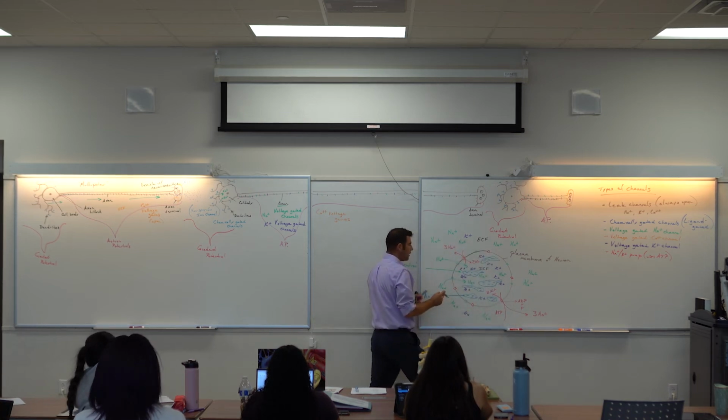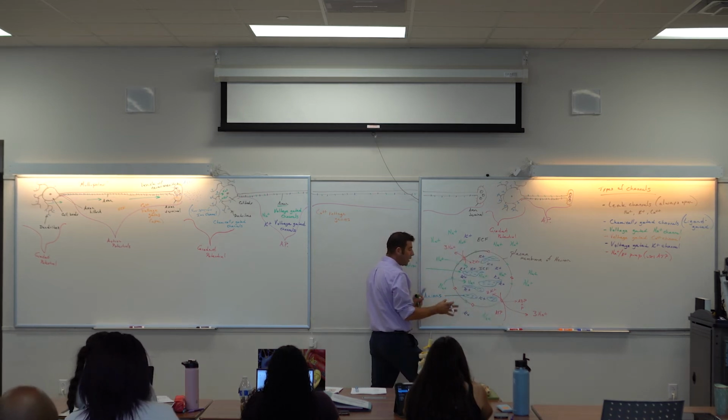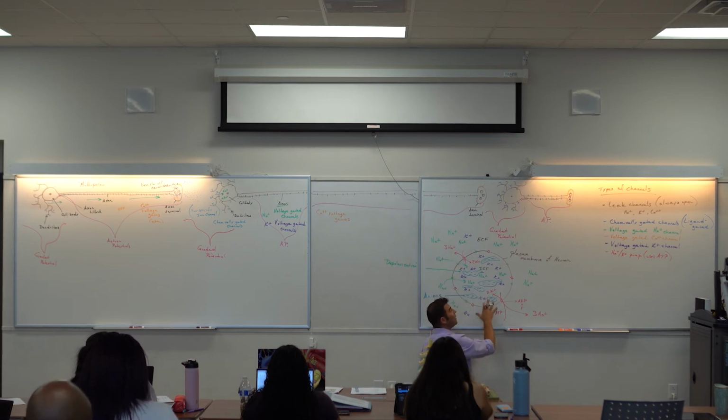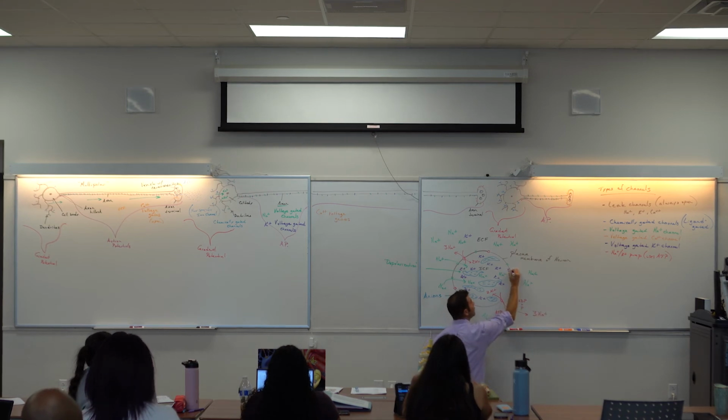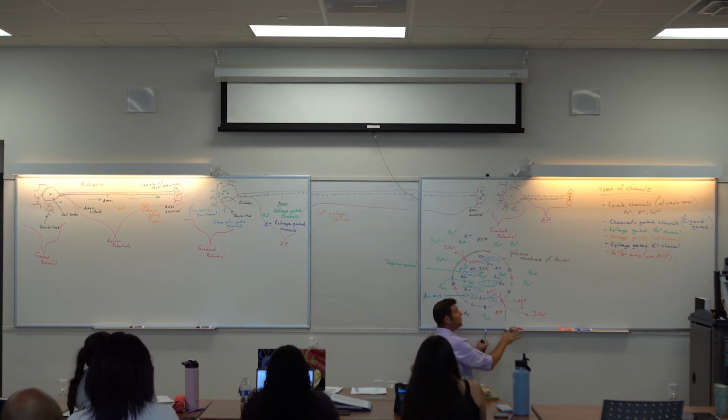The easiest thing to do to repolarize a cell is, instead of getting rid of sodium, we can see that potassium is already set up to where there's a bunch of potassium inside the cell and very little potassium outside of the cell. So we're also going to see these voltage-gated potassium channels that are, again, specific just to the potassium ion. When these voltage-gated potassium channels open up, potassium ions are going to leave the cell.